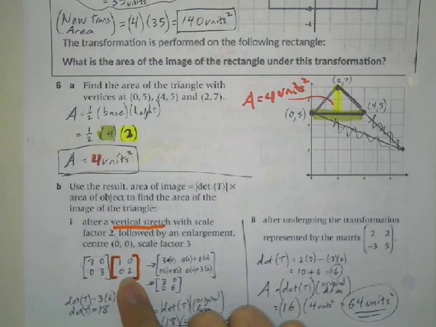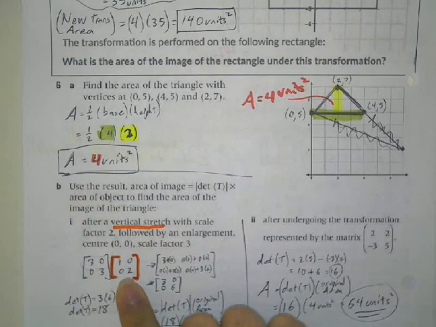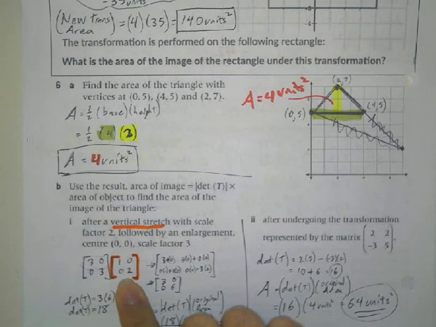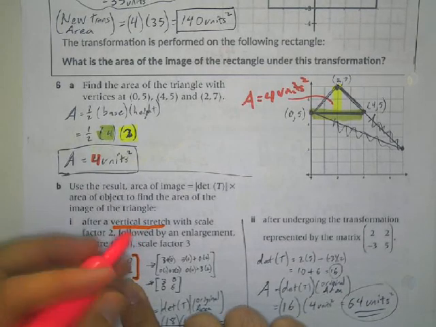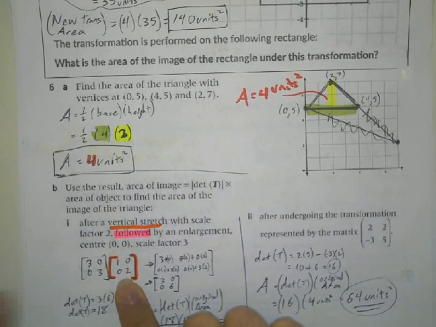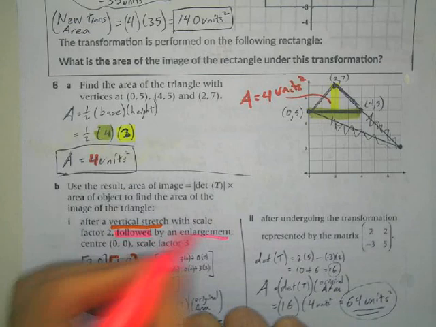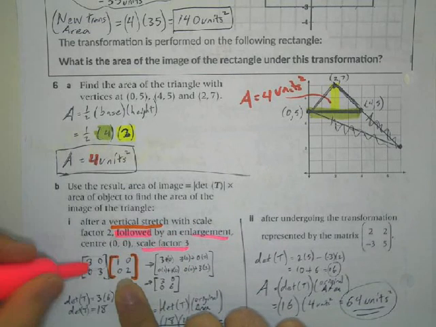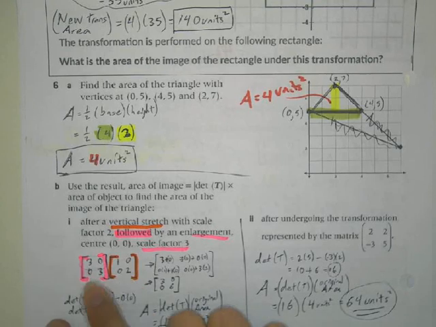followed by an enlargement with scale factor 3. So the matrix that happens second needs to be written first here.